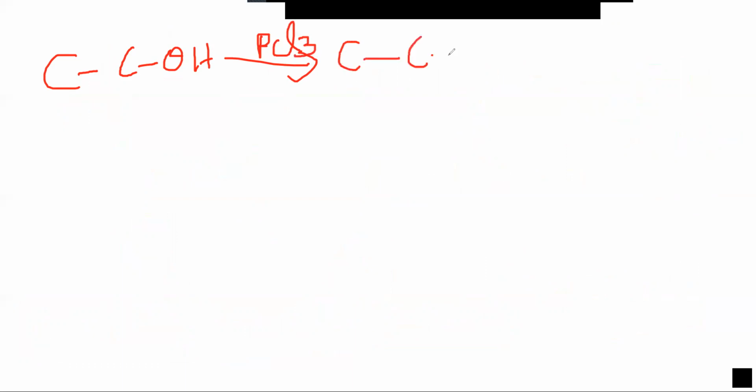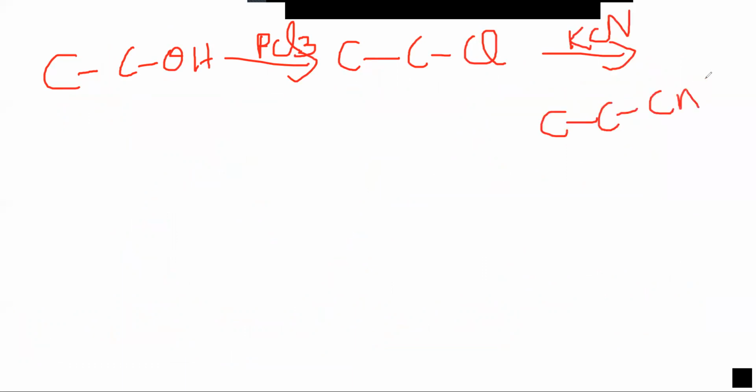First is C-OH, alcohol. Upon chlorination in the presence of PCl3 or PCl5 or SOCl2, you can convert the C-OH bond into C-Cl. The next step is add KCN. After adding KCN, the C-Cl bond gets converted into cyanide.